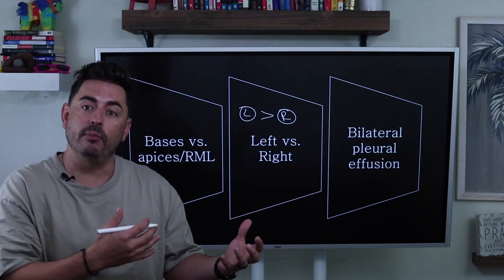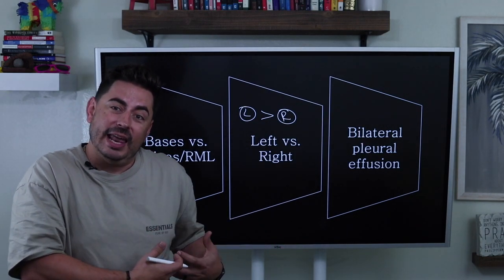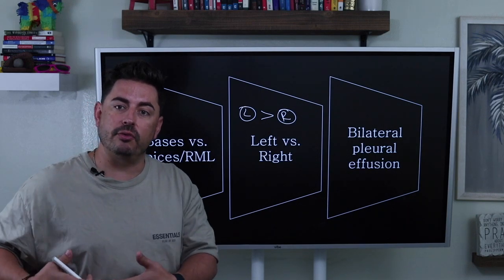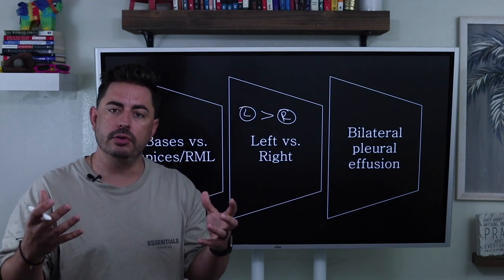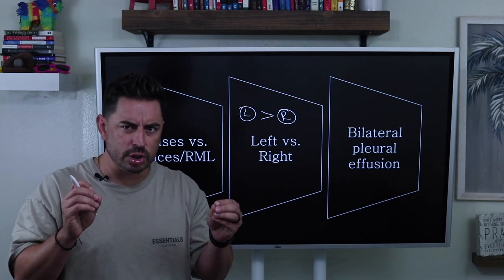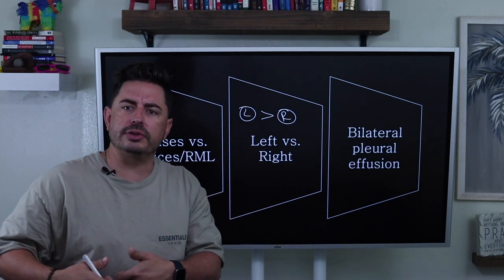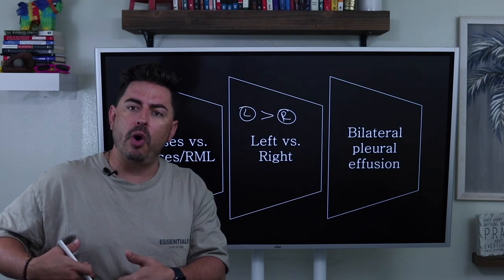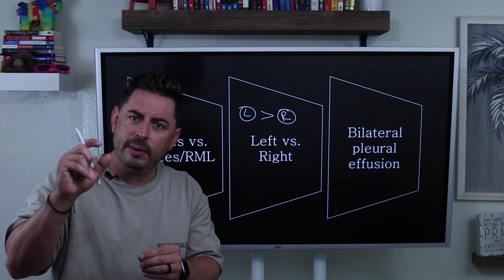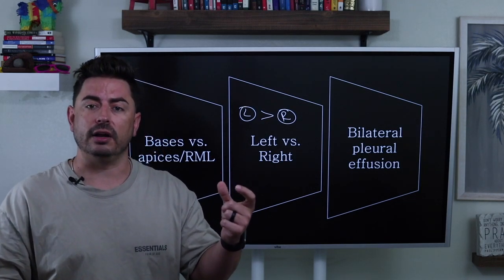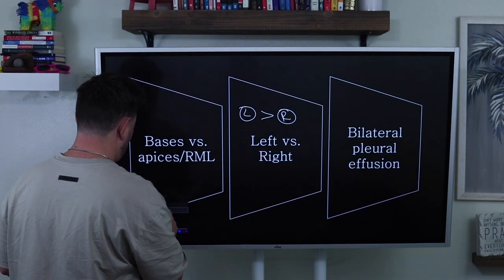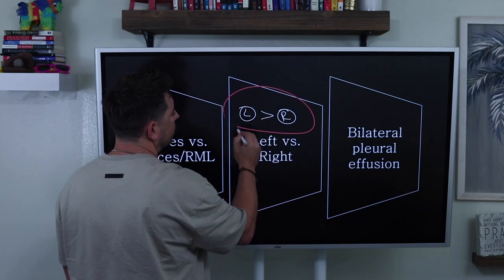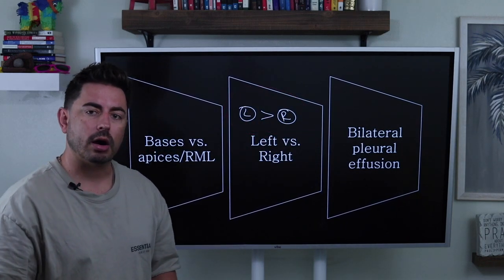Yeah, if you have more lymphatics on the left side, that left lung is going to drain faster than the right side. So when you have patients that have a bilateral pleural effusion, if you take close notice, you'll often see that the right lung has just a little bit more fluid than the left lung does. And we think that is because there are more lymphatics here on the left side than there are on the right.